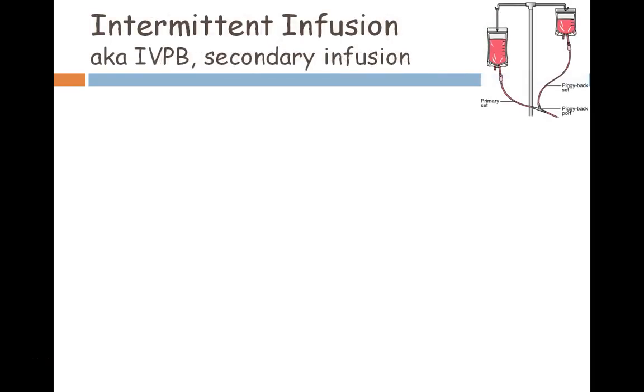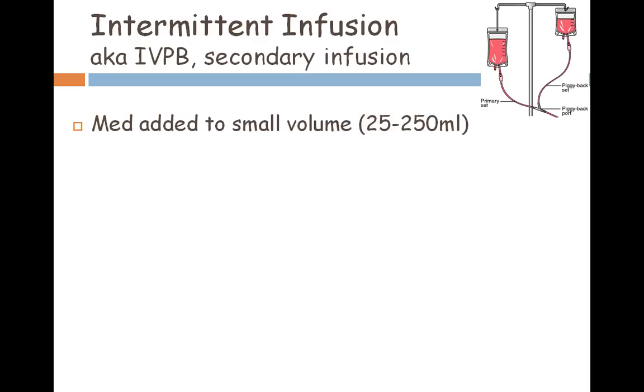So we will focus on an intermittent infusion, also known as IV piggyback, or a secondary infusion. Same thing. A piggyback infusion is where the medication is added to a small volume of carrier solution, usually normal saline.